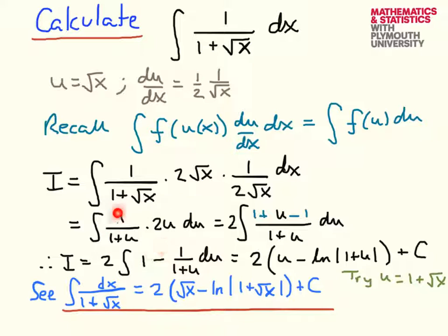This was an improper rational function, and by adding and subtracting 1 in the numerator we get down to a polynomial, just a 1 in this case, and a proper rational function which we were able to integrate quite straightforwardly.